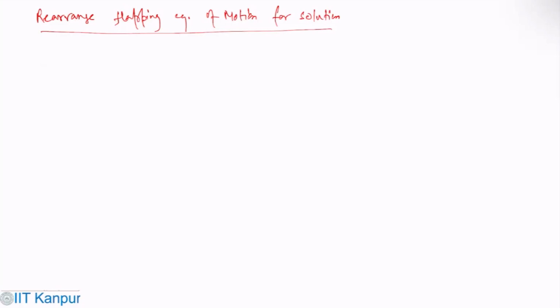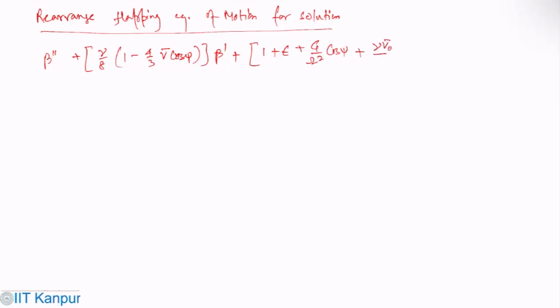Now once we incorporate or substitute everything there, what we have is that beta double prime plus gamma by 8, 1 minus 4 by 3 v prime cos psi, beta prime plus 1 plus epsilon g by omega square cos psi gamma v naught by 6 sin psi k beta omega square ib beta minus 2 q bar cos psi minus theta p by 4 gamma by 8.